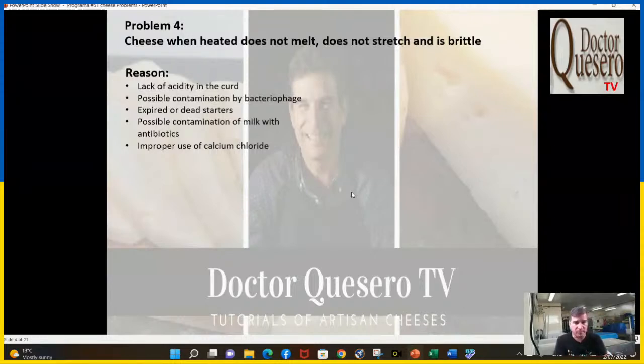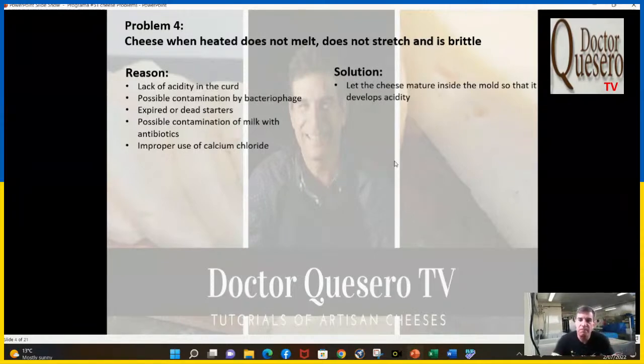Talking in simple terms, your acidity will reduce the level of calcium. But if you have too much calcium in your curd, because you put it in additionally, it will reduce, but it will not reduce enough. So you have to wait until the calcium is reduced to get a stretchy cheese. Okay. Solution. Well, I've been explaining the cause and the solution.